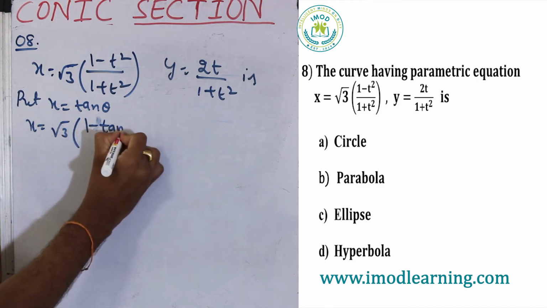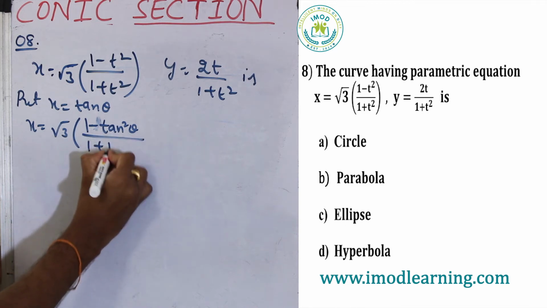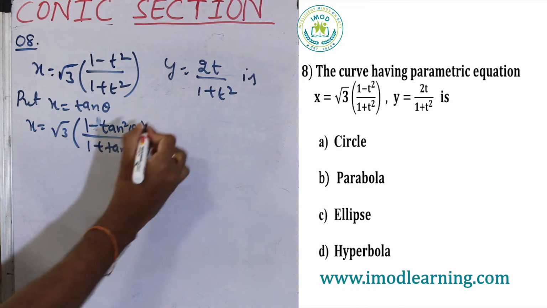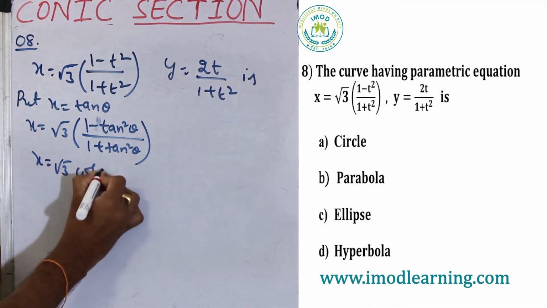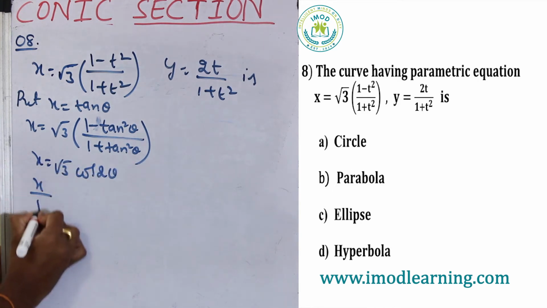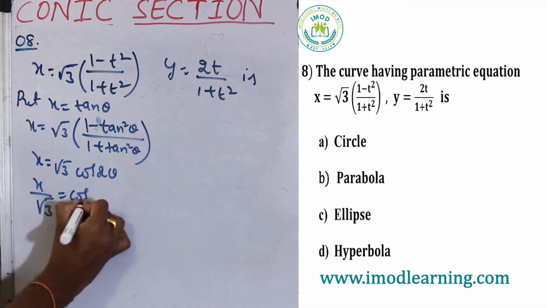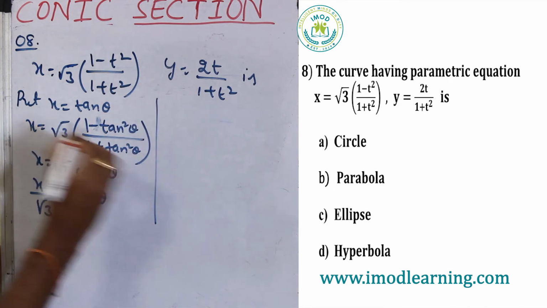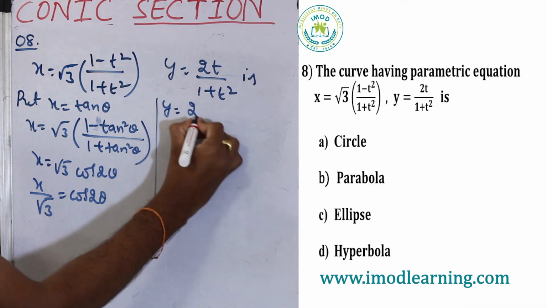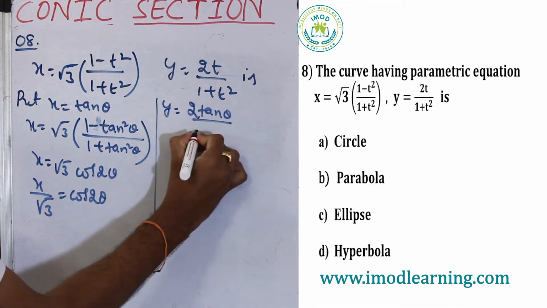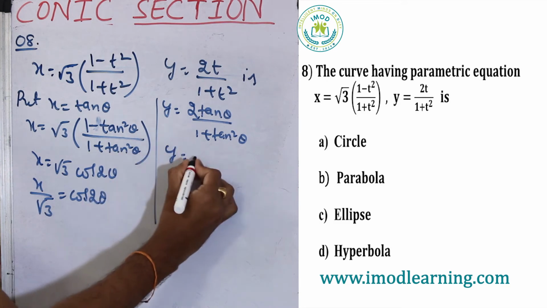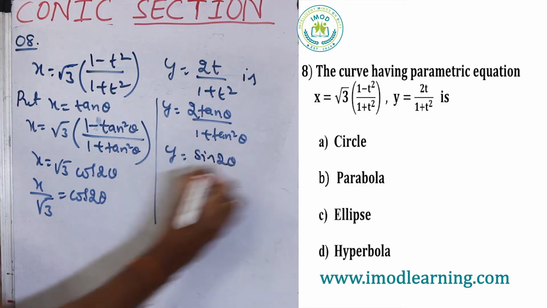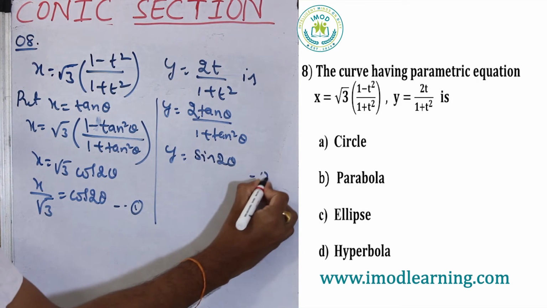Put t equal to tan theta, so root 3 stays as it is: 1 minus tan square theta divided by 1 plus tan square theta. In other words x equal to root 3 cos of 2 theta, or x divided by root 3 is equal to cos 2 theta. Similarly y is equal to 2 times tan theta divided by 1 plus tan square theta, or y is equal to sin 2 theta. Call these equation 1 and equation 2.